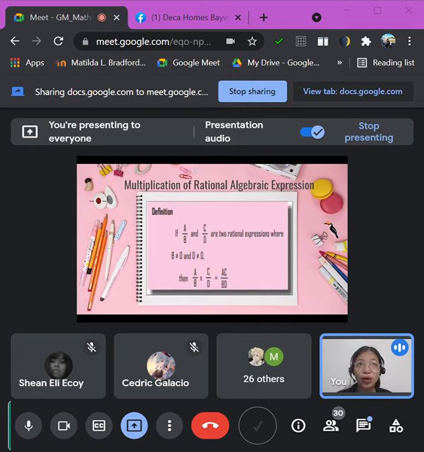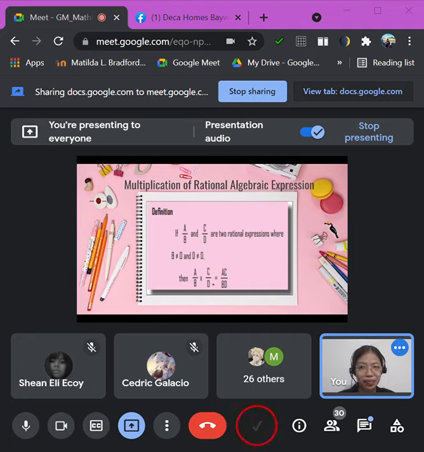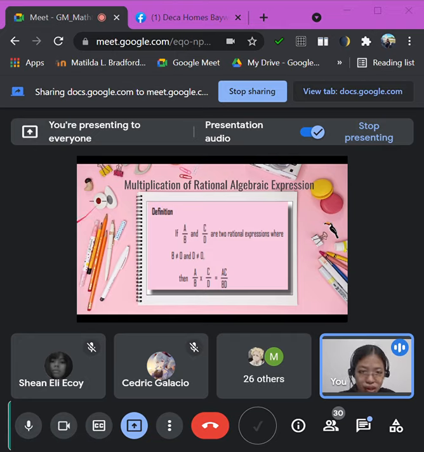But if you know how to multiply fractions, then you also know how to multiply rational algebraic expressions. So as you can see, class, in the definition, this one is a rational algebraic expression and this one as well. So we're just going to multiply that one, numerator by numerator, and then denominator by denominator. Okay? So far, do you have any questions in our definition?